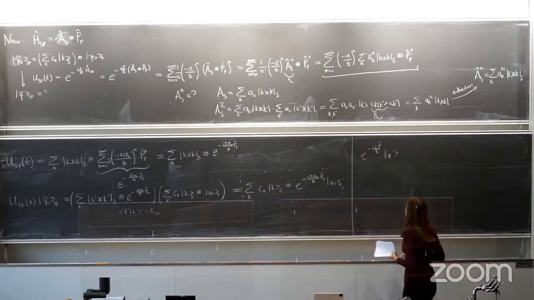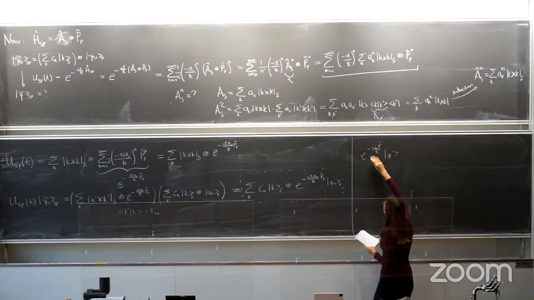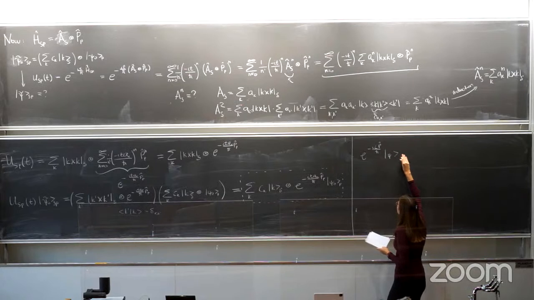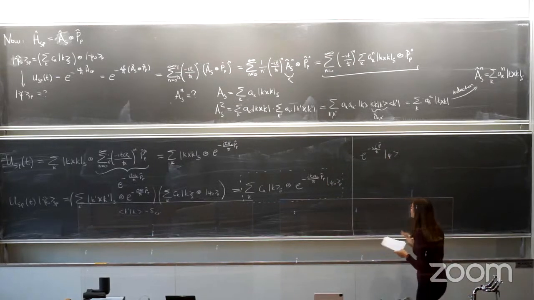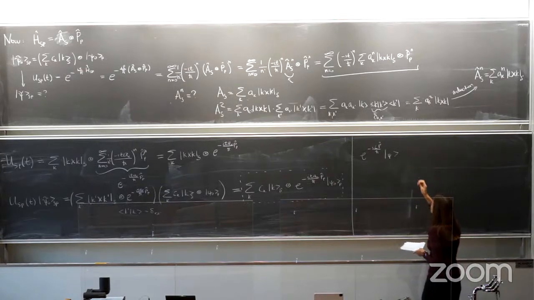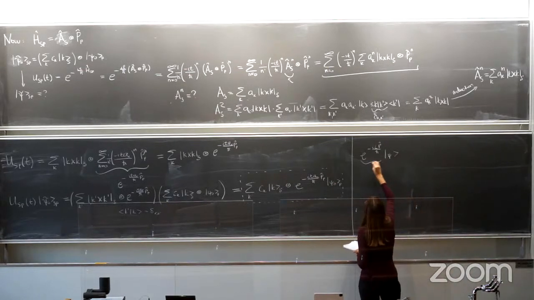When we calculate this, we'll just substitute L by the shift and we'll get our result. This operator, by the way, is also called modular momentum.